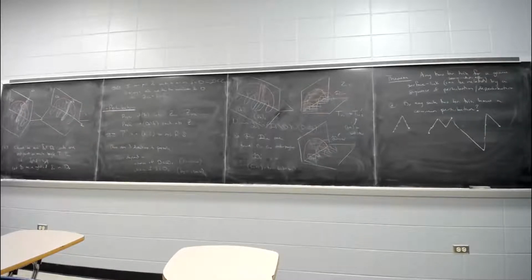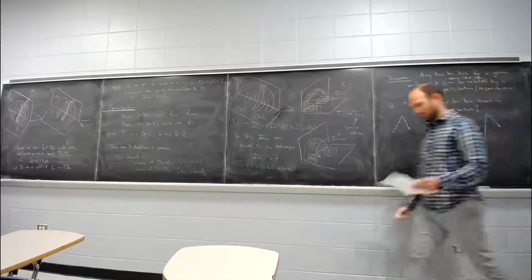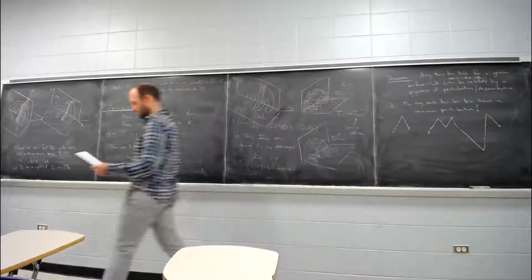So, if I wanted to try and prove this, the simplest thing would be to show that if I have a perturbation after a deperturbation, I could have done it before. Right? If you perturb after deperturbing, it'll show that you could have perturbed first and deperturbed afterwards.